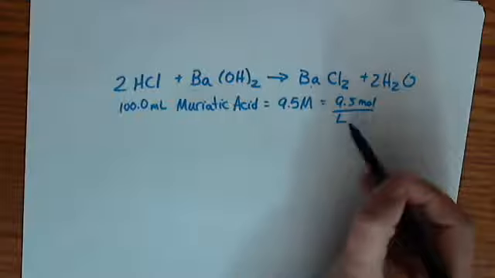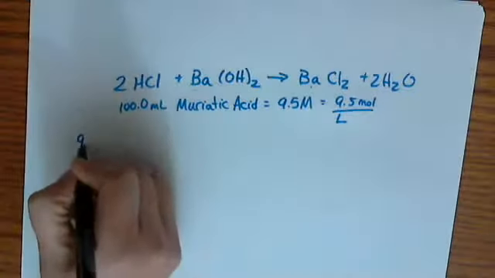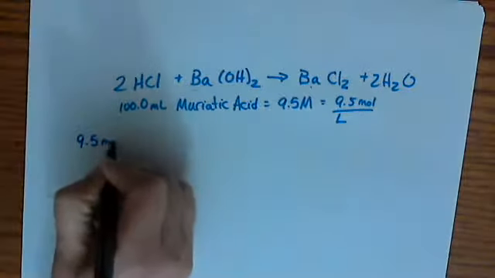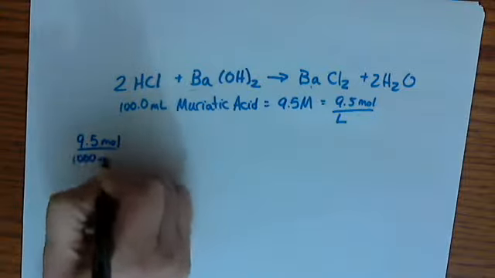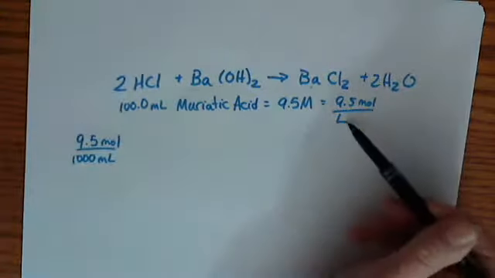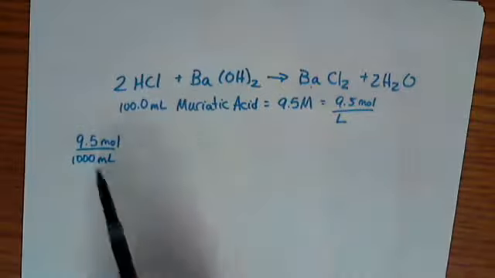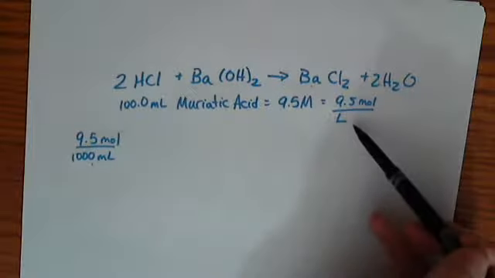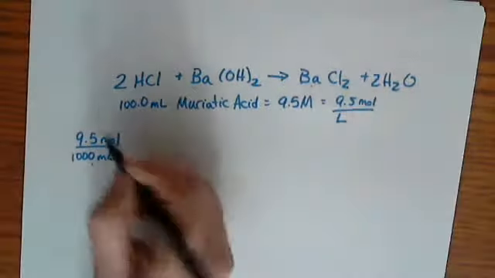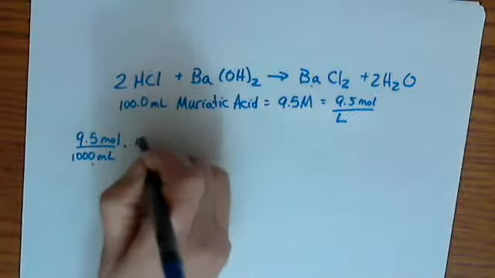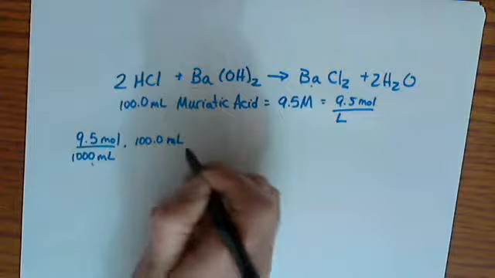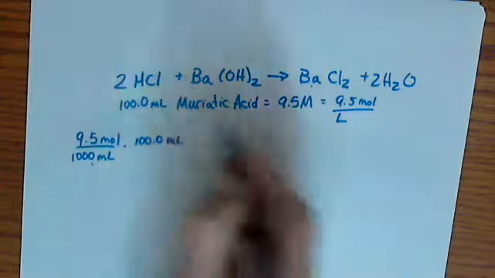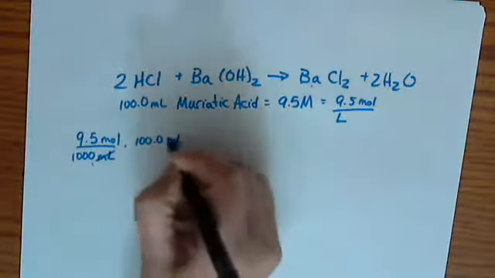So let me write this another way just to make it a little bit easier. I have 9.5 moles for every 1,000 milliliters. Is that the same thing? It should be, since 1,000 milliliters is 1 liter. And now I'm going to multiply this by 100 milliliters of the muriatic acid that I have.